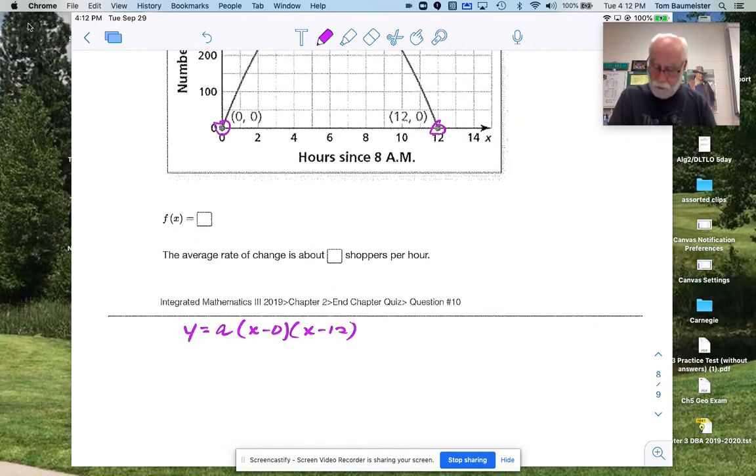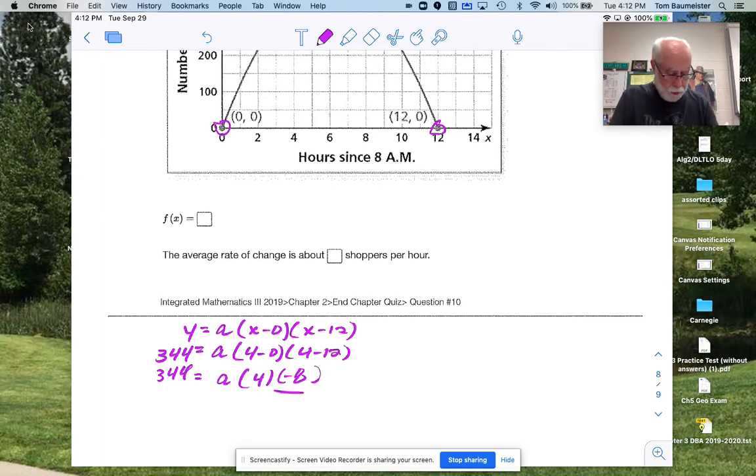Again, we have to solve for our a, ladies and gentlemen. So I'm going to say 344 is equal to a times, well, (4 minus 0) times (4 minus 12). So our a is equal to 4 times negative 8, and that would be 344.